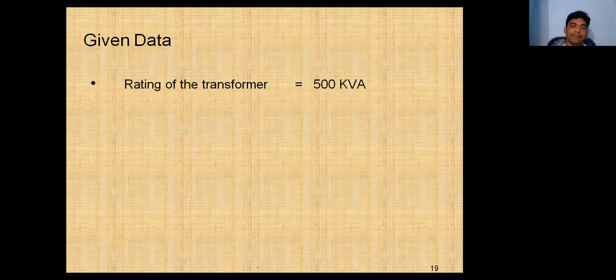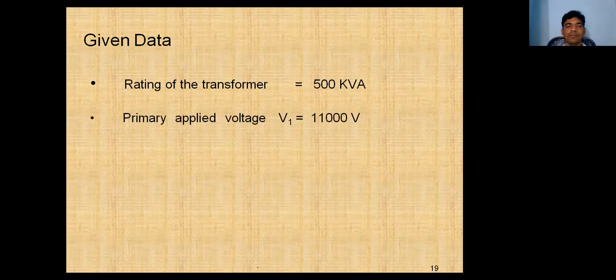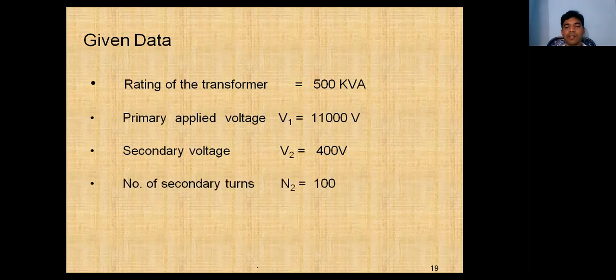Given data: rating of the transformer 500 kVA, primary applied voltage V1 is equal to 11,000 volts, secondary voltage V2 is equal to 400 volts.